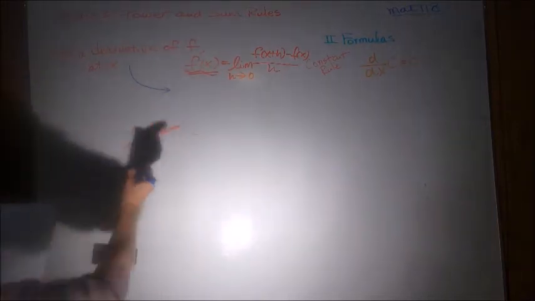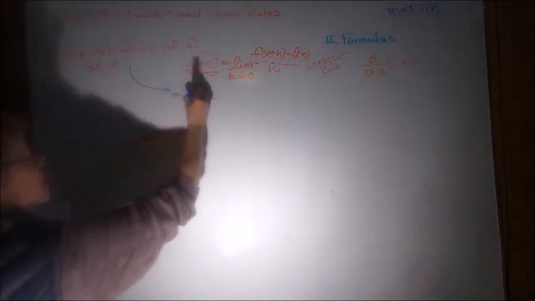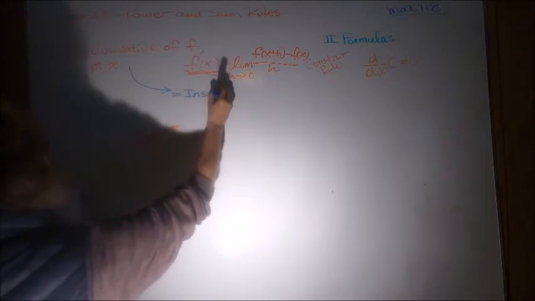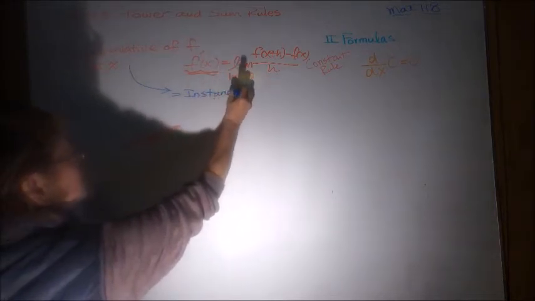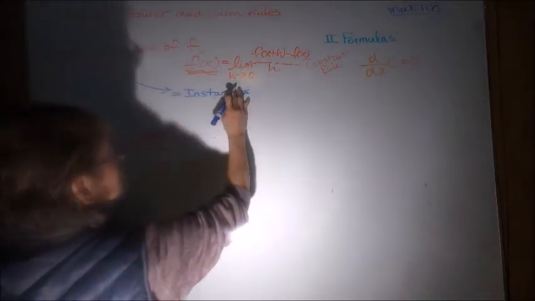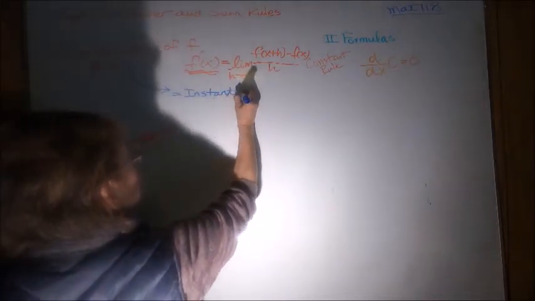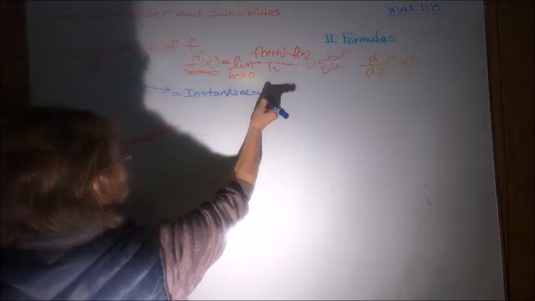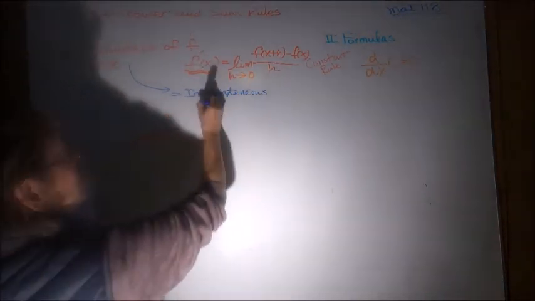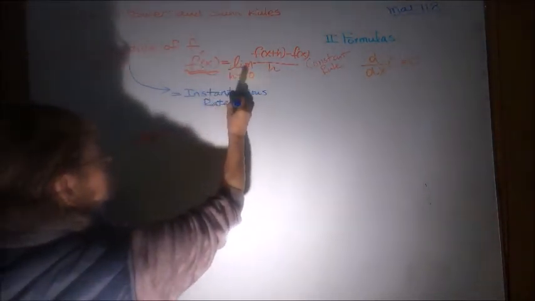So we use the symbol f prime of x. We also said the derivative is the same thing as the instantaneous rate of change.